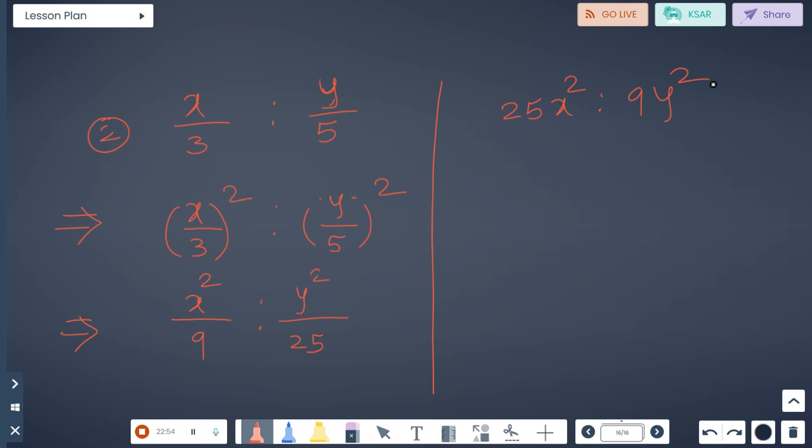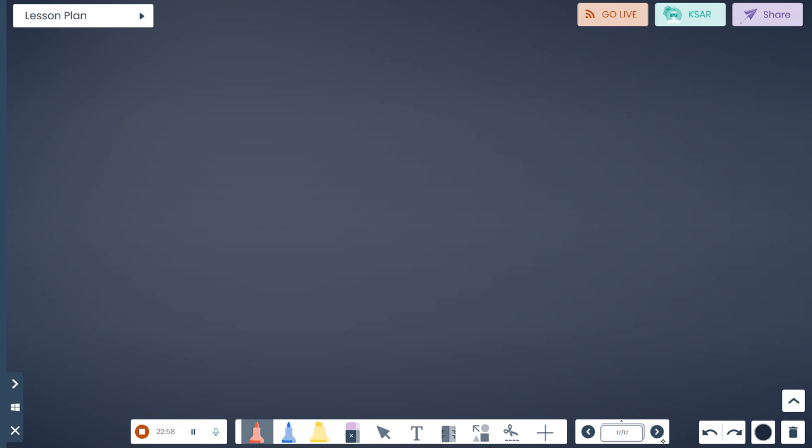Next, we have to find the sub-triplicate ratio. Number first, 3 is to 4.